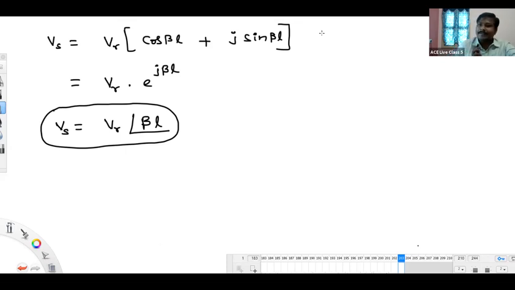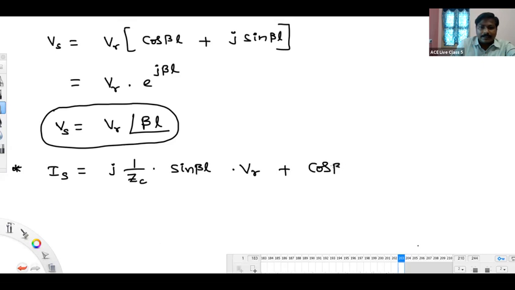Take up the sending end current equation in a similar way. Try to write down the sending end current equation. Sending end current IS is j1 by ZC sin beta L into VR plus cos beta L into IR.